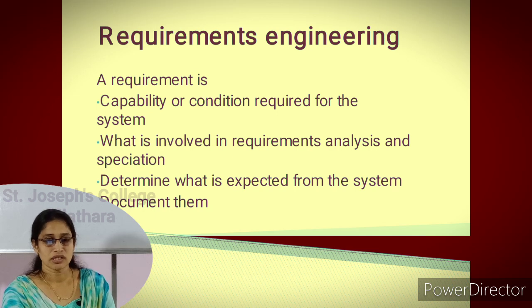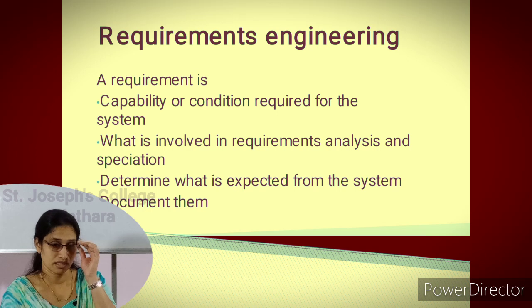And the condition is not really a facility provided, but it is more general purpose. For example, it runs on, it's a web-based software and so on. As we proceed, we will be able to understand how to identify the capabilities and what the conditions are that are required for the system.